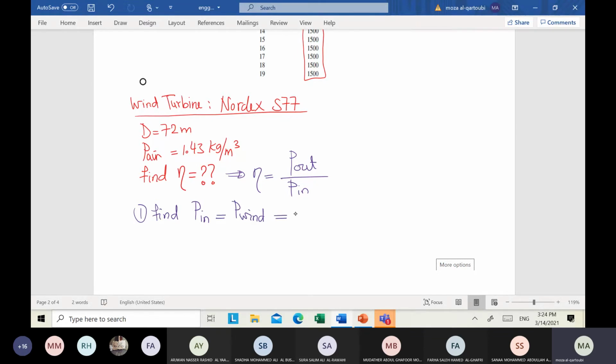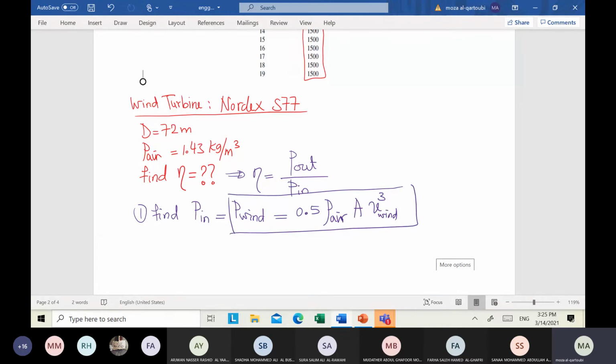The rule is that P wind equals 0.5 times air density, times area, and velocity cubed. Make sure it is cubed, the velocity of wind cubed. So this is the value of P in, or P wind.